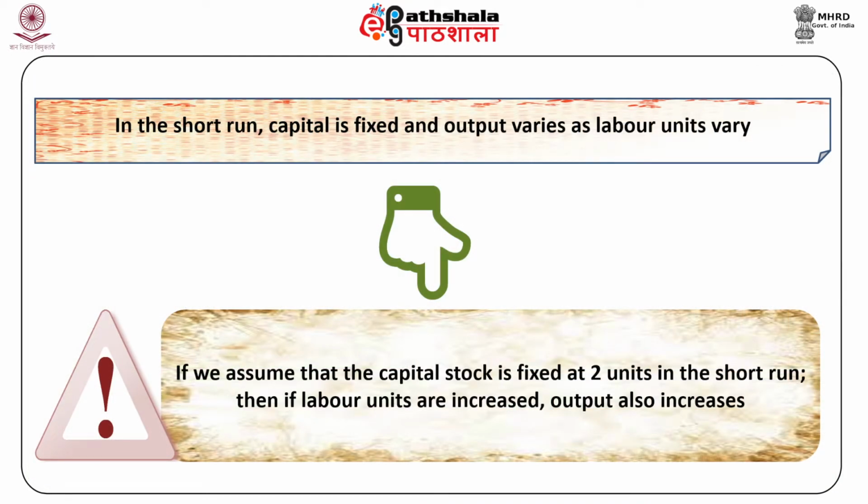As we mentioned at the outset, in the short run, capital is fixed and output varies as labor units vary. Suppose we assume that the capital stock is fixed at 2 units in the short run, then if labor units are increased, output also increases.